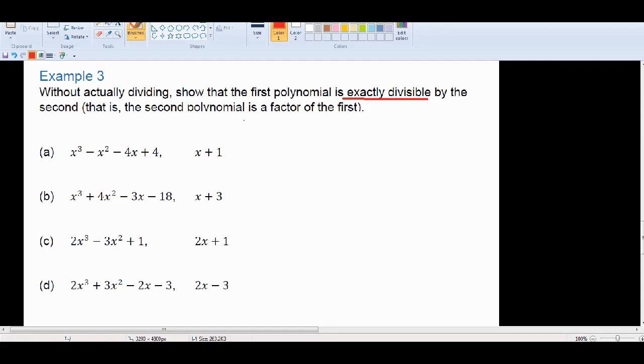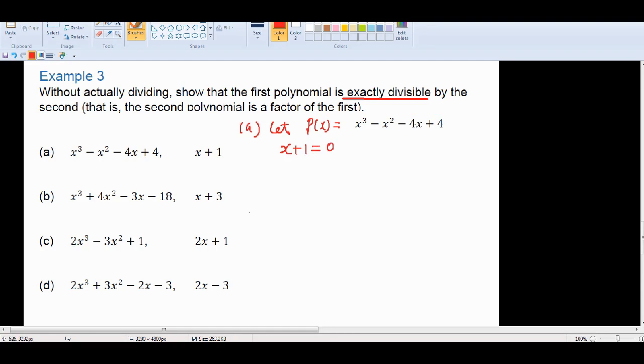Let's have a look at the first one. First, we are going to let the cubic polynomial be P(x). Then we turn to that divisor. So that divisor is x plus 1.